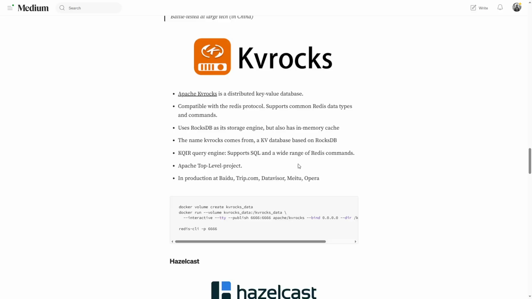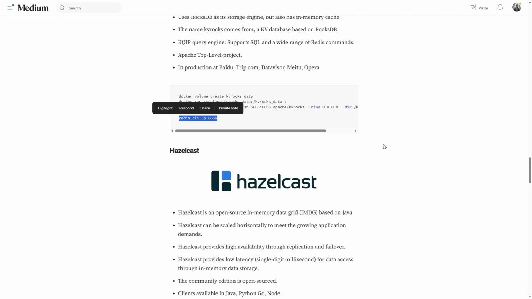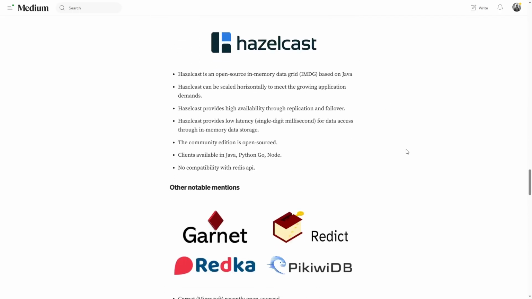Because it uses disk, it can scale to very large database sizes. It is already in production at Baidu, Trip.com, DataVisor, and Opera. It has Redis compatibility, so we can use Redis CLI to interact with it. So this is another project which is out there.